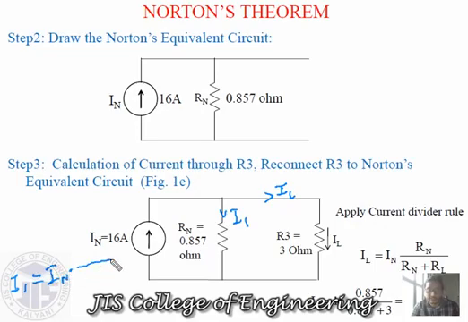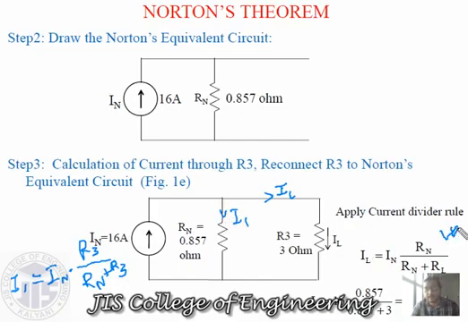Other branch means R3. So IN into R3 divided by the resistance where the current is getting divided, among this RN and R3 resistance, so we write RN plus R3. So here we can find the I1 current as well as the IL current.